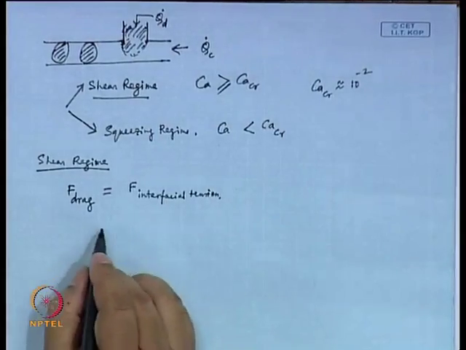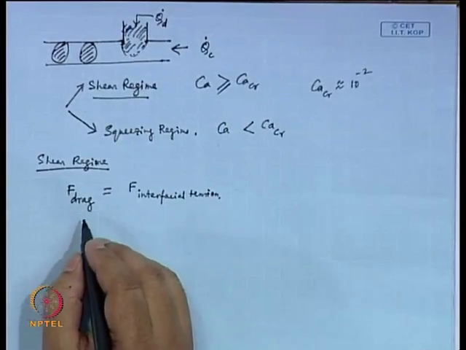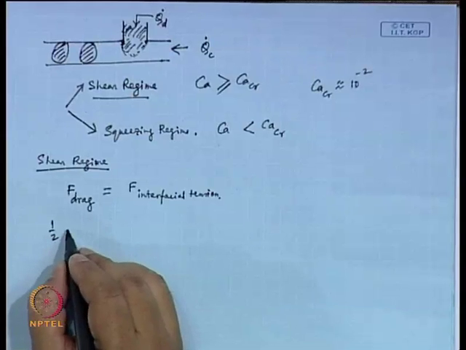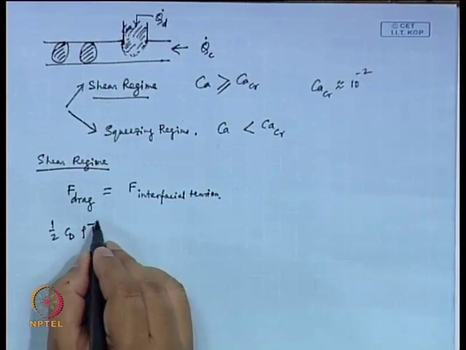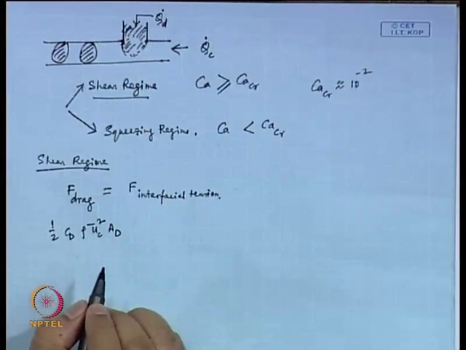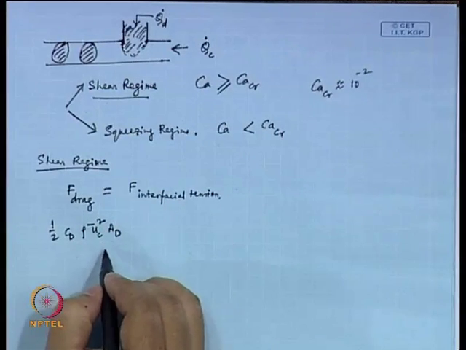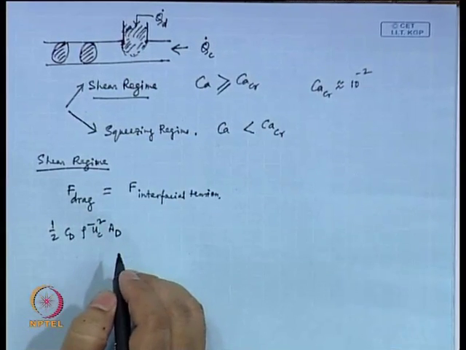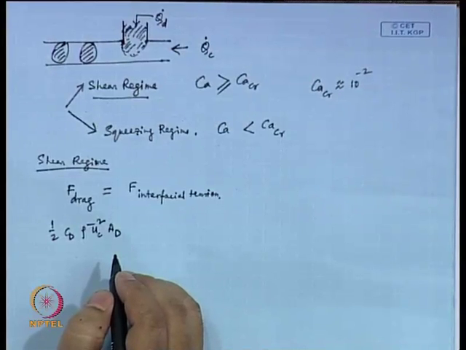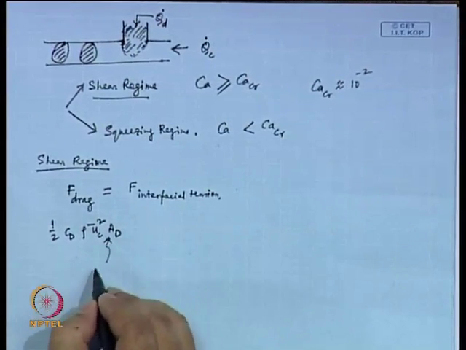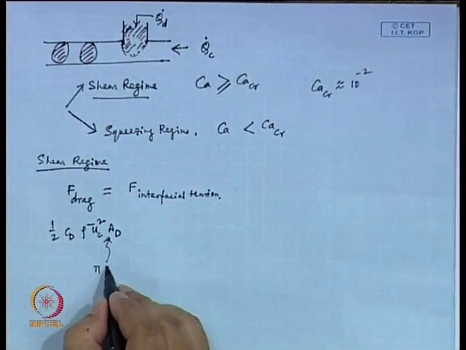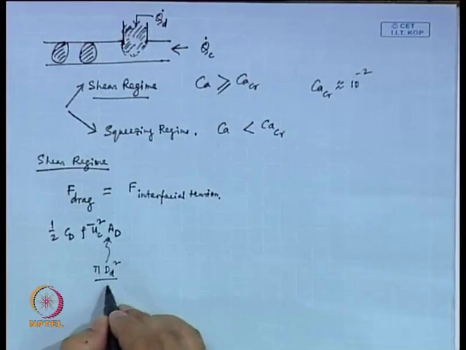Now, drag is typically given by half C D rho U C bar square into A D, where A D is the projected area. So, A D would be equal to pi d droplet square by 2.